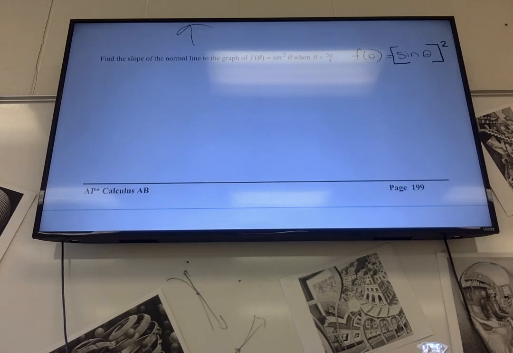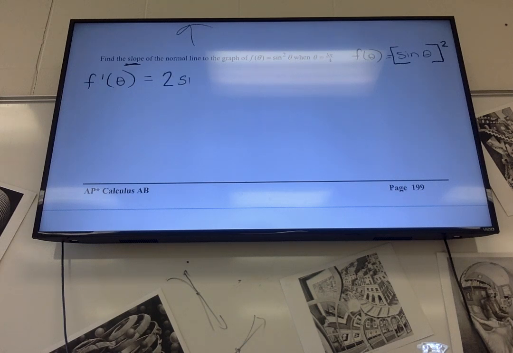So if you're trying to find slope, then I know I have to do the derivative. So f prime of theta. What do I take the derivative of first? Yeah, the squared part. So I put the 2 out in front.